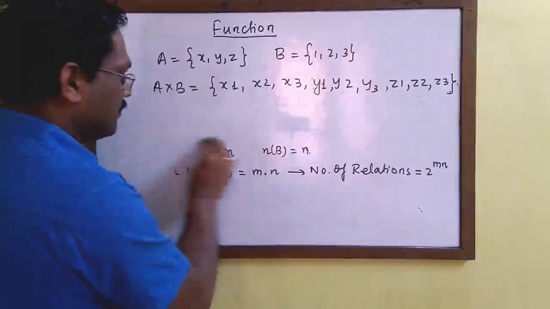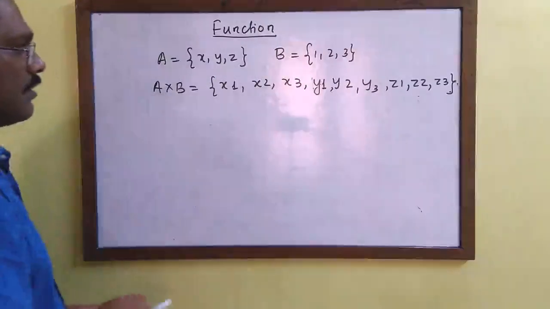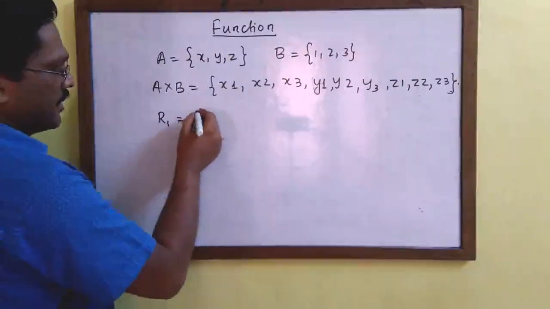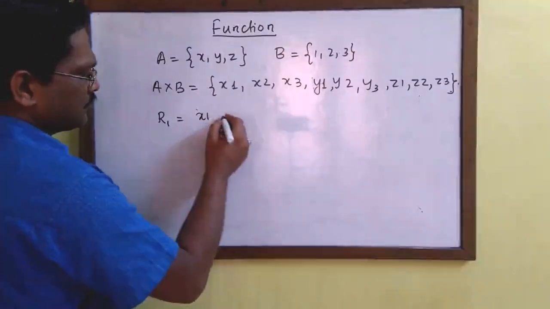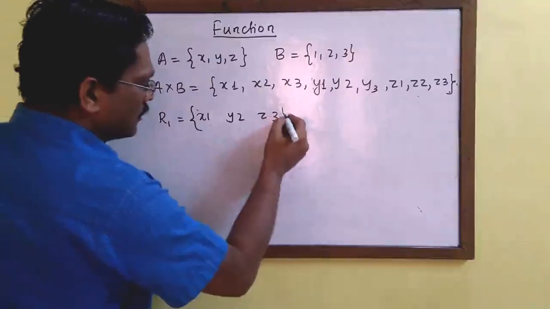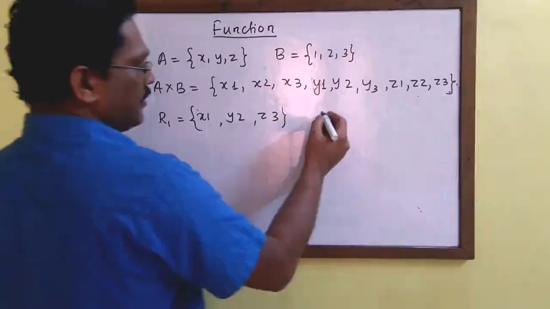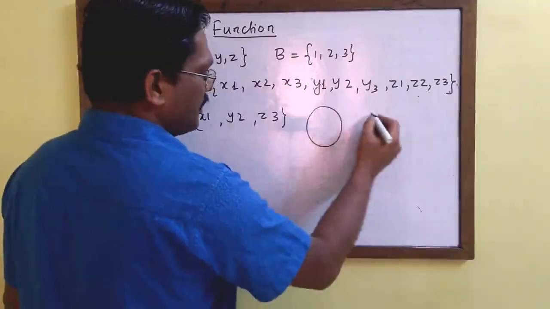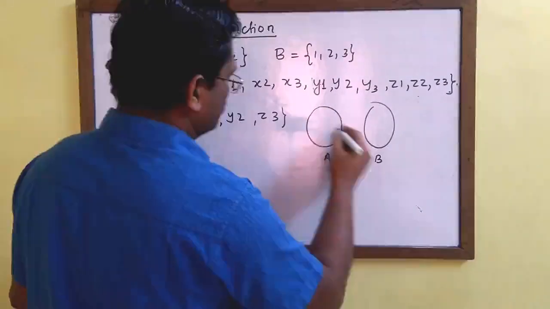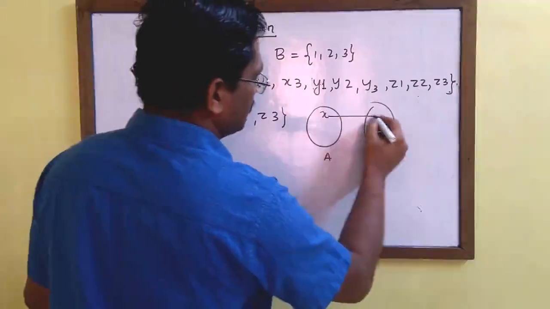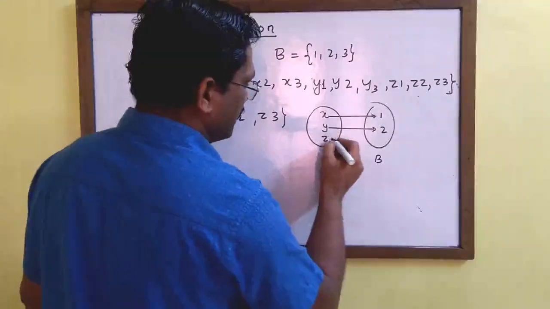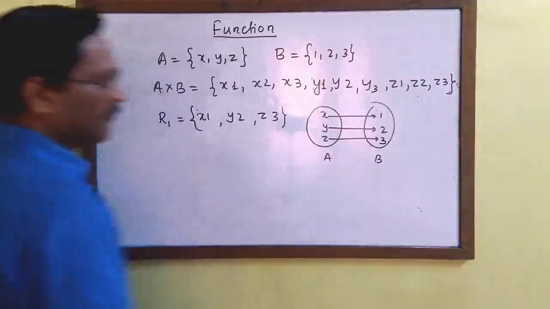Now if I take a couple of subsets, suppose I am taking the first subset, say R1, as x1, y2 and z3. How does this look like in mapping? If this is my set A and this is my set B, x is mapped with 1, y is mapped with 2 and z is mapped with 3.